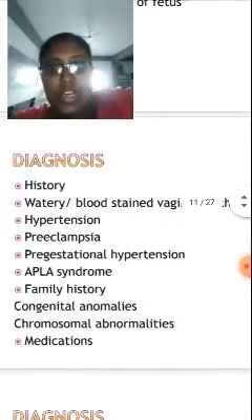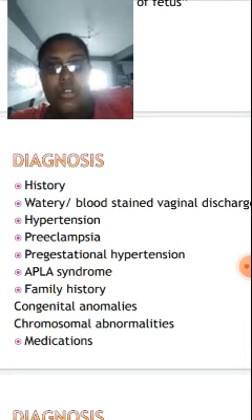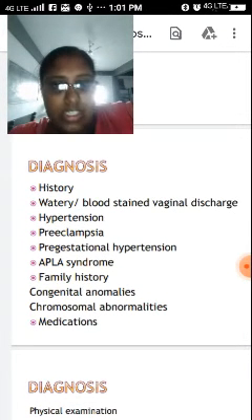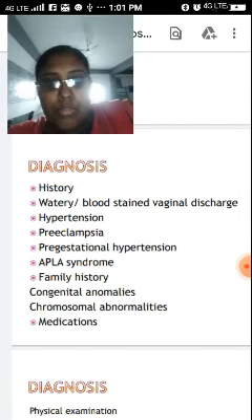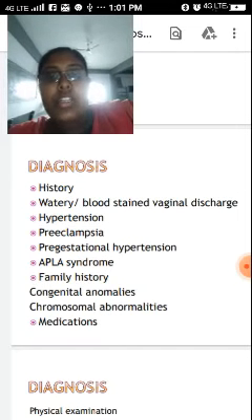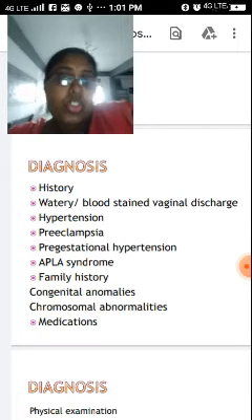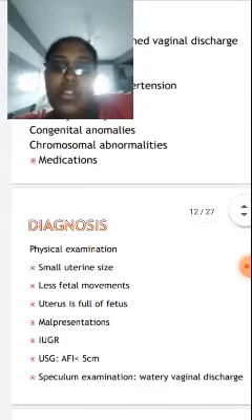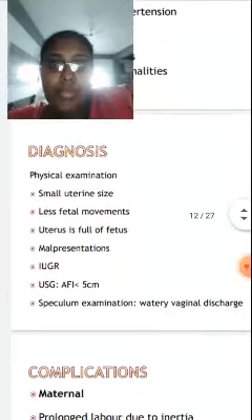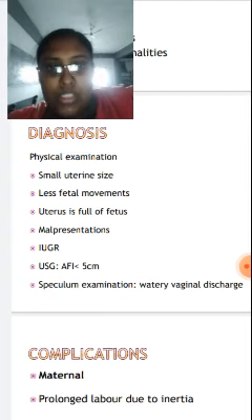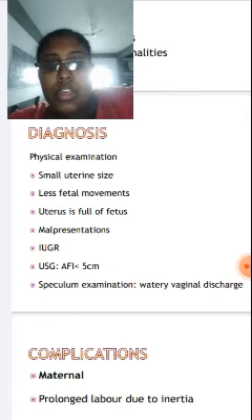Then the diagnosis. Start with history collection: watery or blood-stained vaginal discharge, hypertension, preeclampsia, pre-gestational hypertension, family history of congenital anomalies and chromosomal abnormalities, and medication history. During the antenatal examination, do a physical examination: small uterine size, less fetal movement, uterus full of fetus, malpresentations, and intrauterine growth restriction.